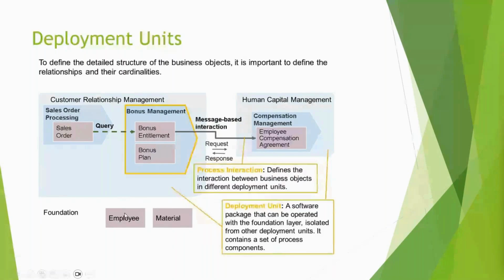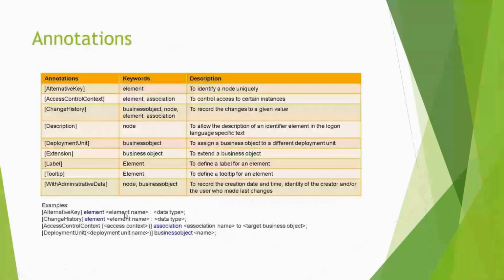From the foundation data, we cannot go directly back to the CRM, the customer relationship. Let's say for a customer there are 10 leads. When we are editing some field in a customer, you may want to update some field in a lead as well.